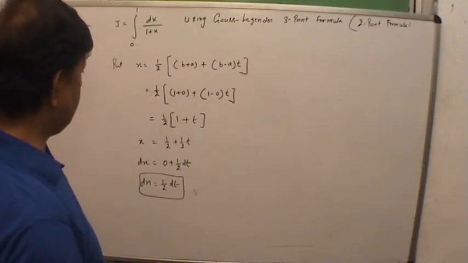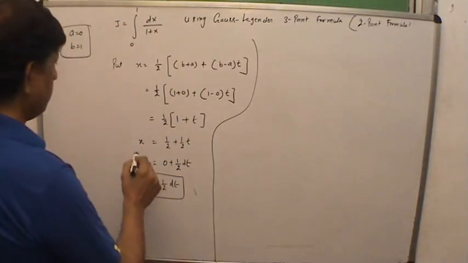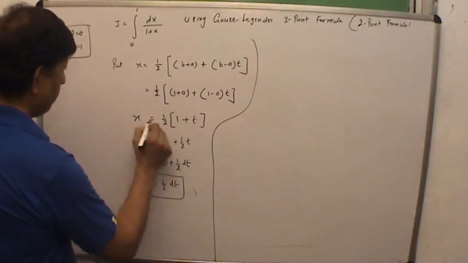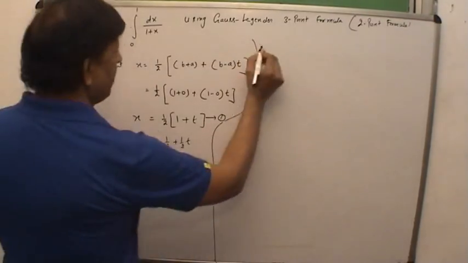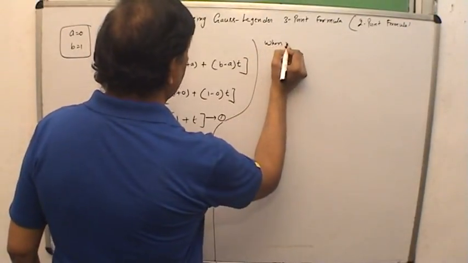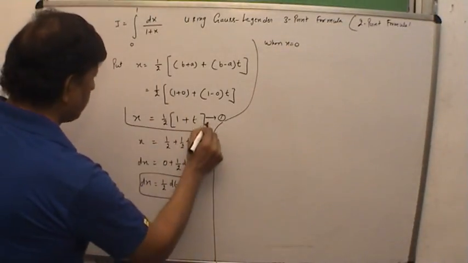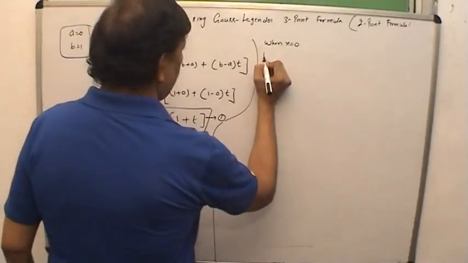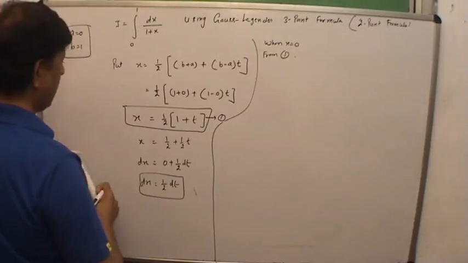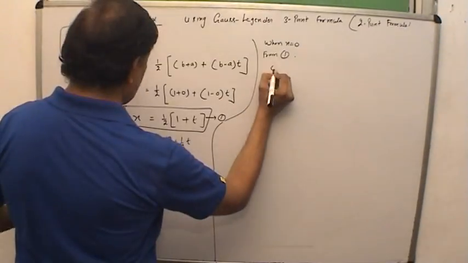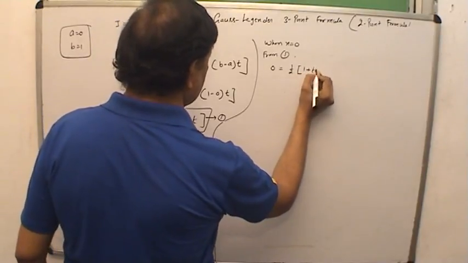As the variable has changed, now we will have to change the limits by using this substitution. See, when x is equal to 0, it is the lower limit. When x is equal to 0, from equation number 1, put x is equal to 0, 0 is equal to 1 by 2 into 1 plus t.